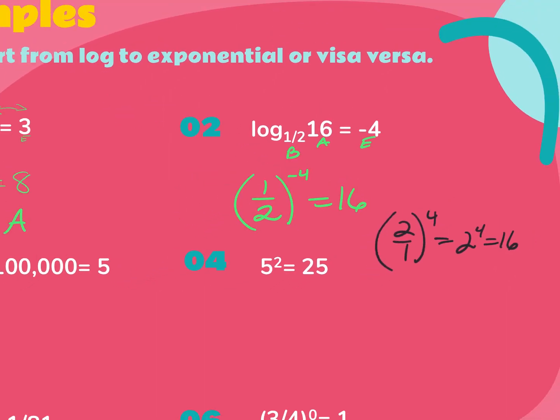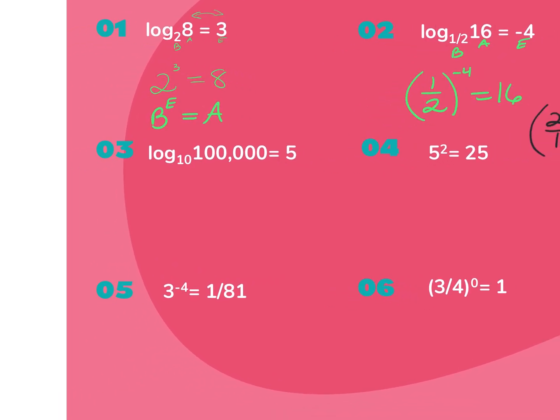Let's try the next one. So again, BAE here: base, answer, exponent. 10 to the 5th power equals 100,000. So when it asks you to just switch forms, all you're doing is rearranging it. Now we're going to go from exponential to log.